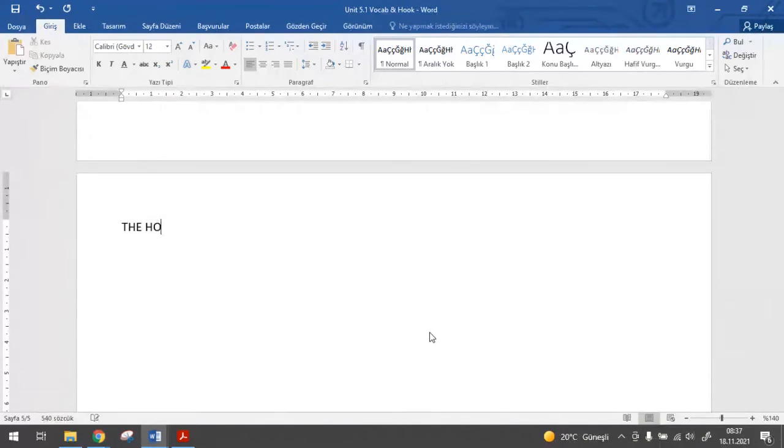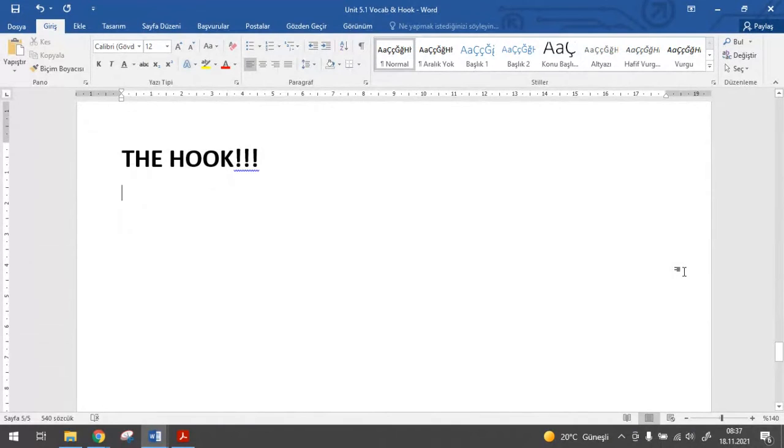and it is the big problem, the hook. Actually, we are going to look at different ways to write a strong hook.